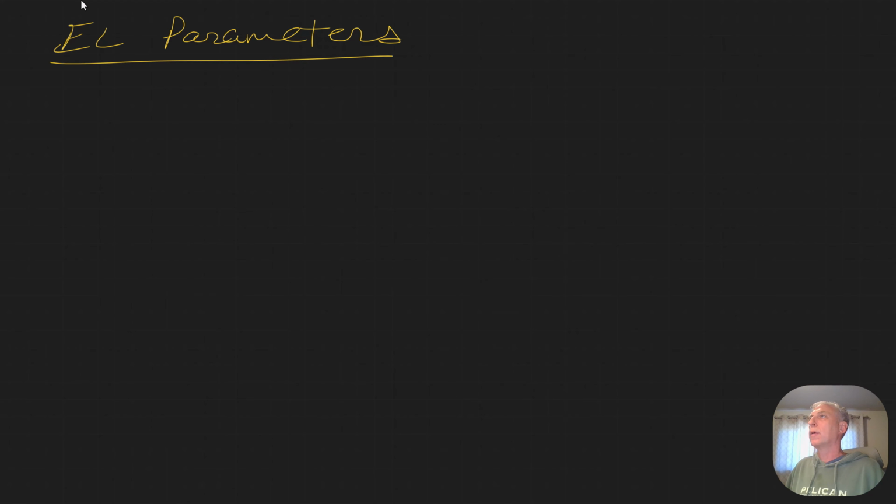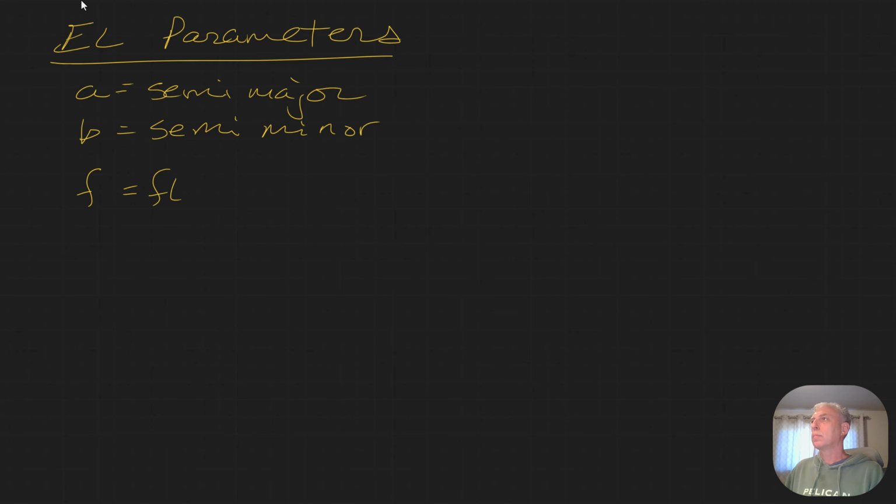We have a, which is the semi-major axis, and b, which is the semi-minor axis. And then we have different comparisons of those. We have our flattening, which is a minus b over a, which is the same as 1 minus b over a.